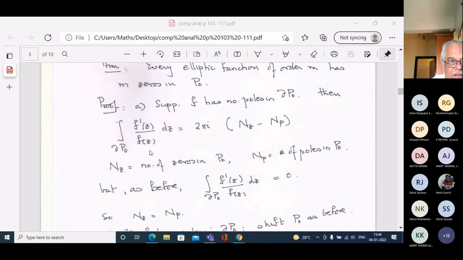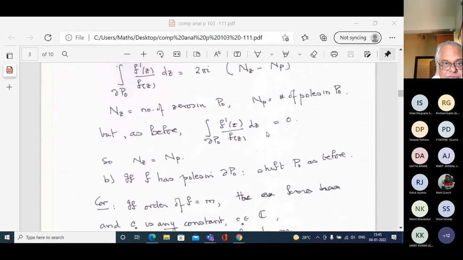We know the integral of f prime of z over f of z dz, where f is meromorphic, over a contour is 2 pi i times the number of zeros minus the number of poles. And this quantity again is going to be periodic with the same periods. Therefore, the integral over the boundary is going to be 0. And therefore, 2 pi i times the number of zeros minus the number of poles is 0.